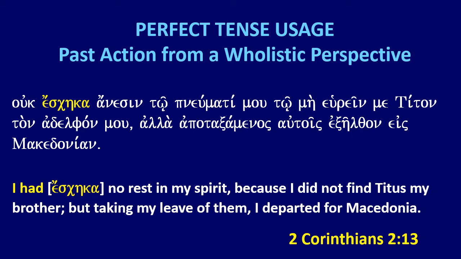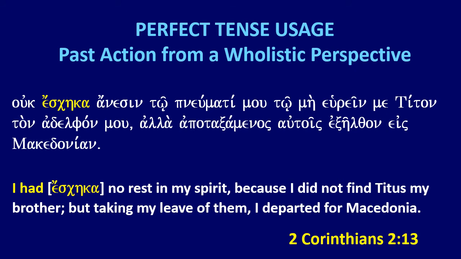And that's what we see here, where the perfect tense is almost used like an aorist. 2 Corinthians 2:13, Paul writes, again retrospectively on an event in the past, I had no rest in my spirit because I did not find Titus my brother, etc. So here he uses the perfect indicative form of the verb echo for I have, but here it's eskeka, and it's translated I had, past tense.